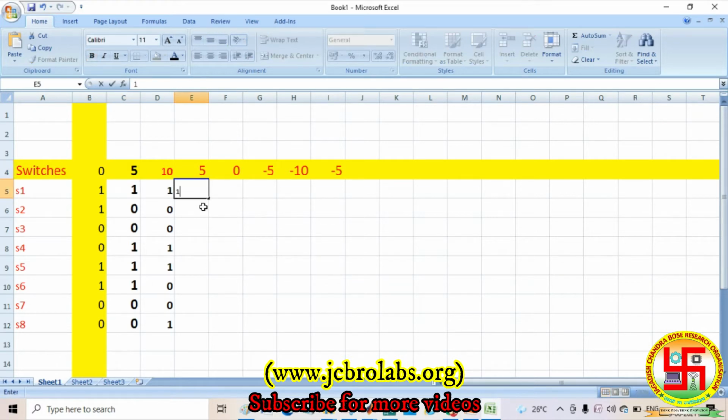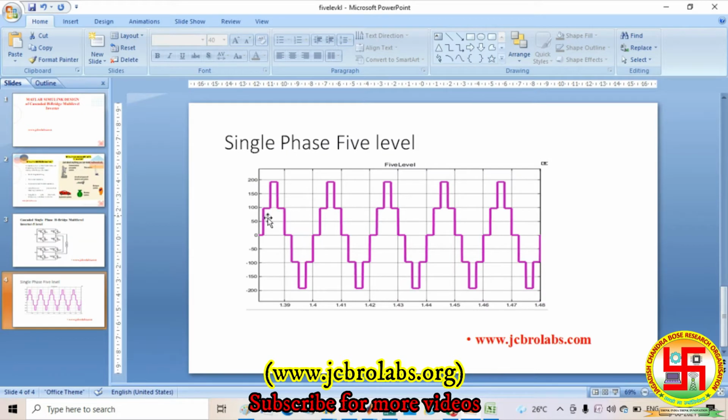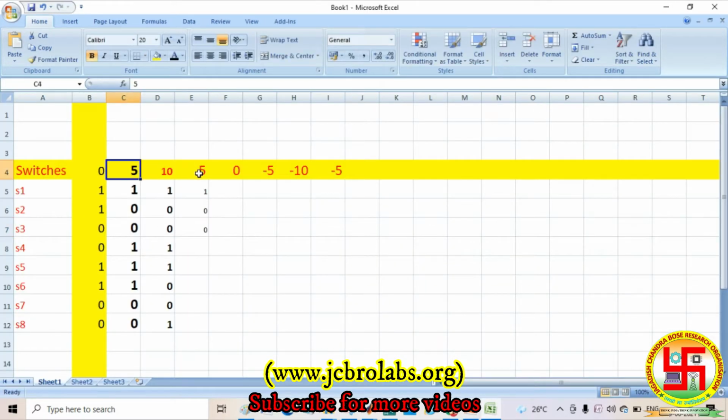It reaches the peak, then again it comes back to 5, then it will go to 0. That's the reason I am repeating this one here. 1 here, 1 5, 1 6, and 0 0 I am turning.